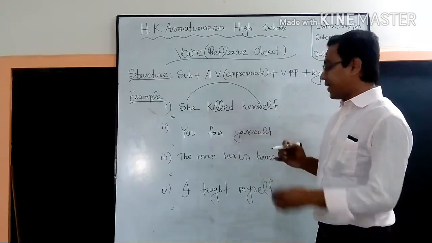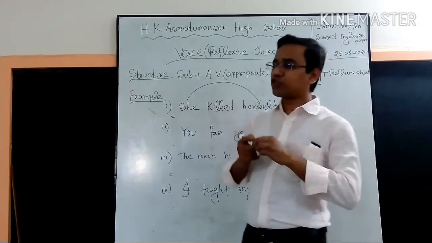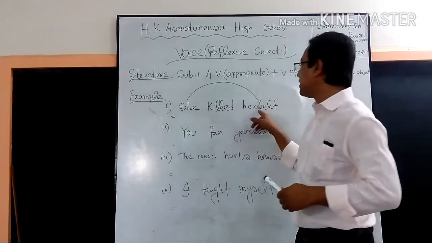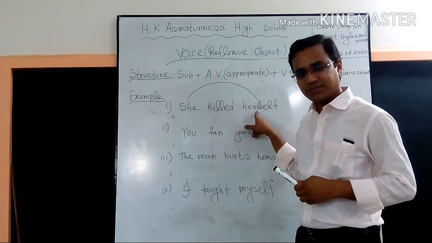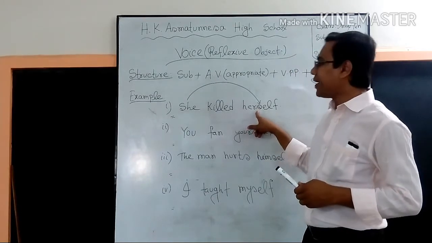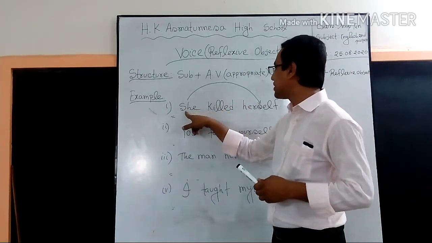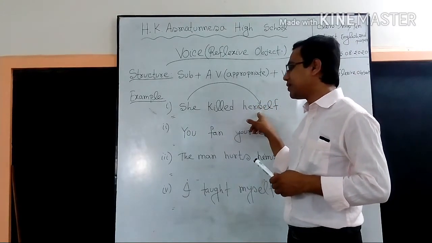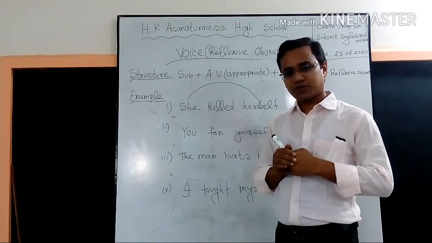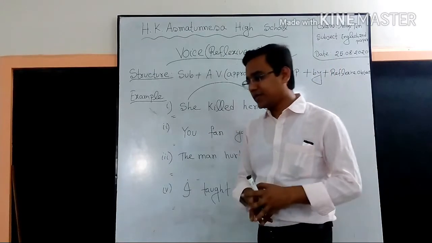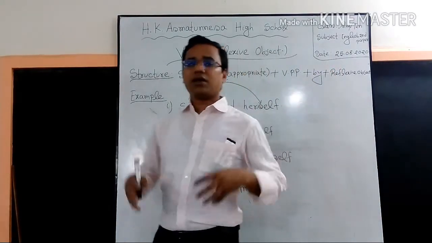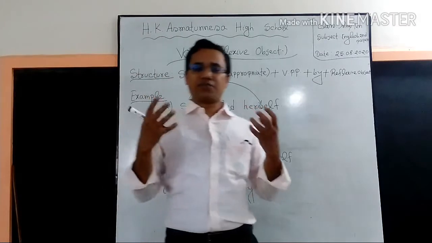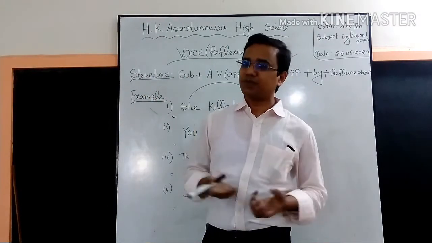And according to the person, we can call it reflexive pronoun. When a personal pronoun reflects another pronoun, we can call it reflexive pronoun. Students, I hope that you all have understood about reflexive pronoun and reflexive object.